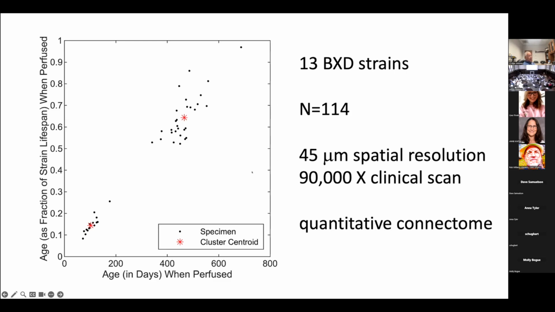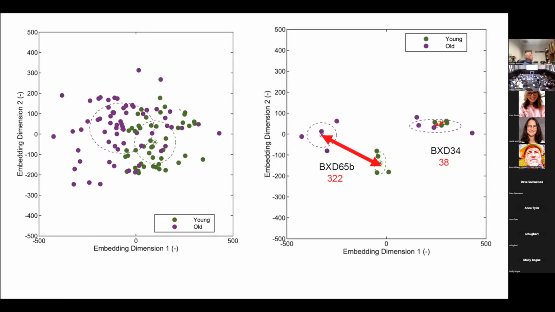These are all perfusion fixed, that is post-mortem studies, and then quantitative connectomes generated. We have two clusters of ages, down here around 100, and then up here at around 420, 430 days. And these are the embedding directions for the entire connectome, where the old are purple and the young are green. This is all of the strains together.